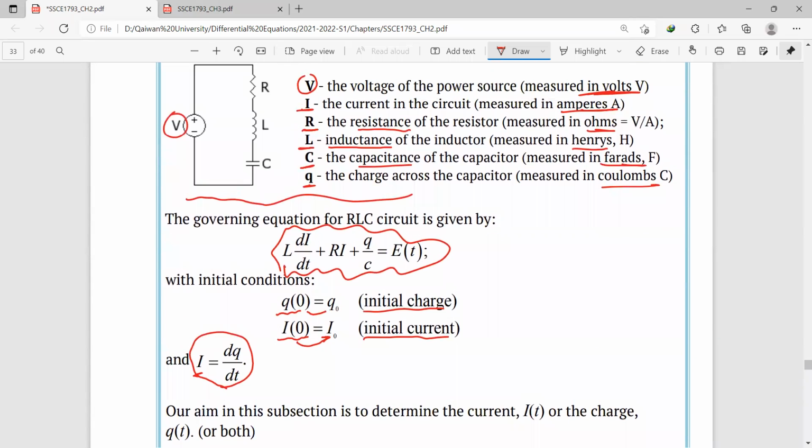In this equation, we have two dependent variables, which are I and Q. So we must solve the differential equation in terms of one of them.